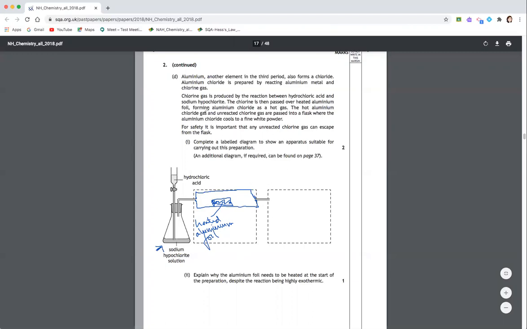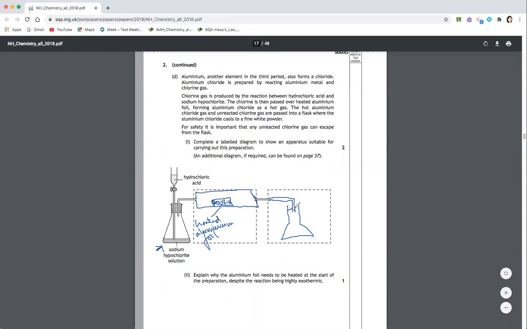And then the hot aluminium chloride gas and unreacted chlorine gas are passed into a flask where the aluminium chloride cools to a fine white powder. So we need to put the gas into a flask. Again, just make sure you don't close up any of the tubes.